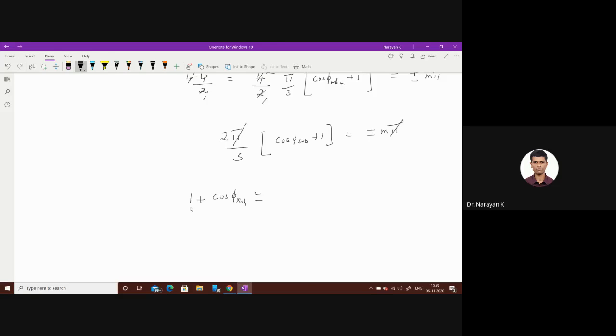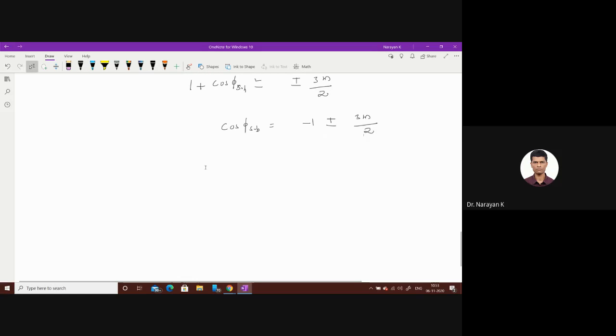So you will get plus minus 3m by 2. Agreed? So cos phi subsidiary maximum will be equal to minus 1 plus minus 3m by 2.